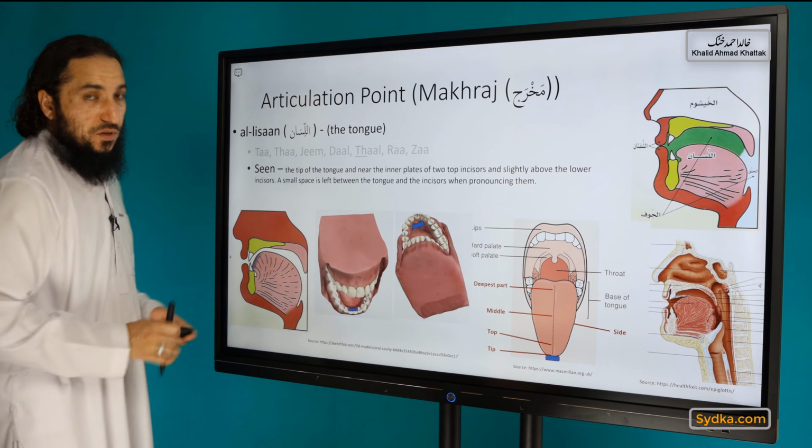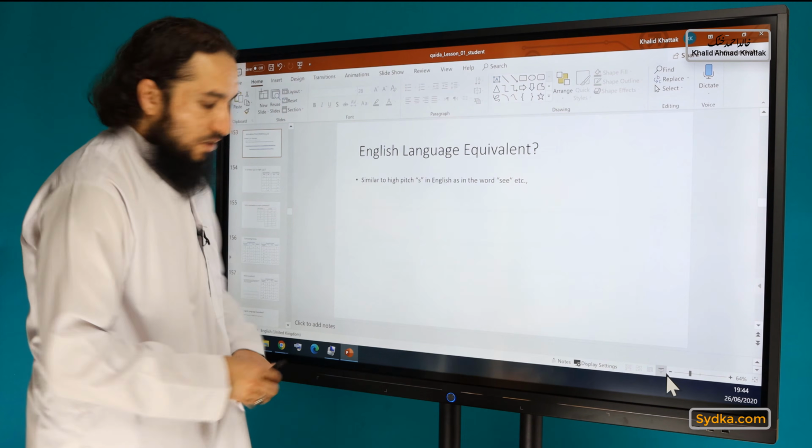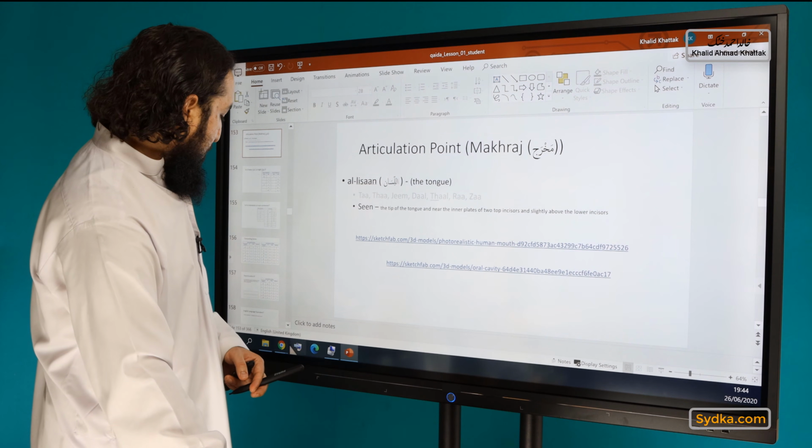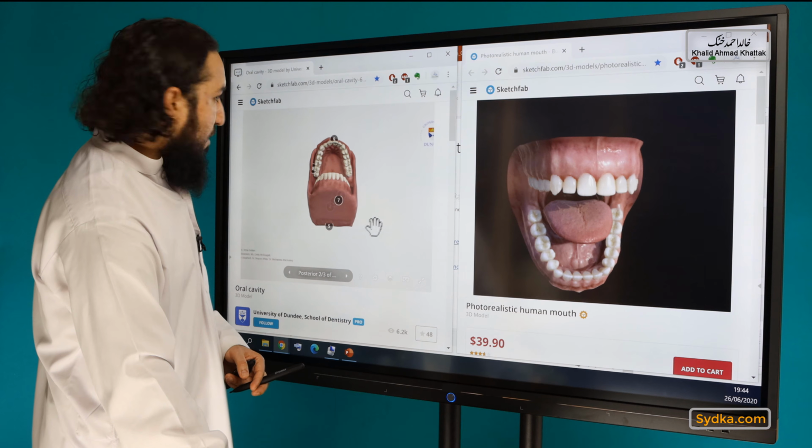We're going back to the 3D model, so that will explain in great detail.